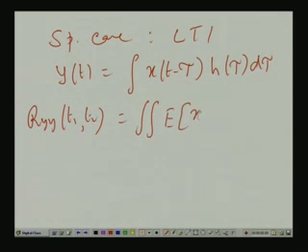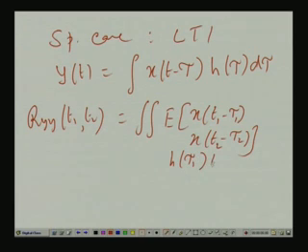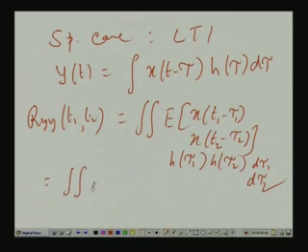So, E of x T1 minus tau 1, x T2 minus tau 2, h tau 1 h tau 2. Okay. That is R x x.